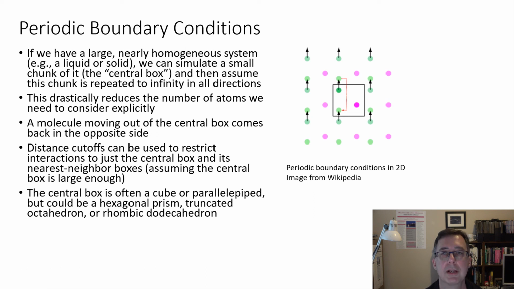Well, imagine I have a more or less homogeneous system, like a liquid or a solid, and I just simulate a chunk of it. So in this diagram on the right, I've got a bunch of different atoms in green and different atoms in pink. And you can see it's a kind of a repeating pattern, so it looks like maybe a crystal in this case, made out of two different things, maybe sodium and chloride or something like that.